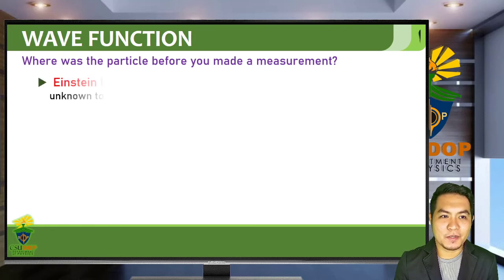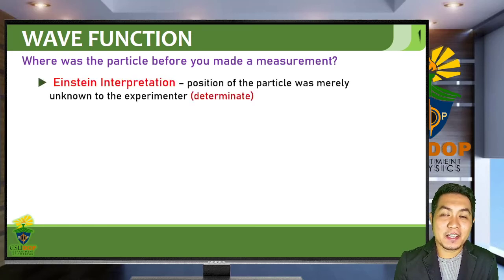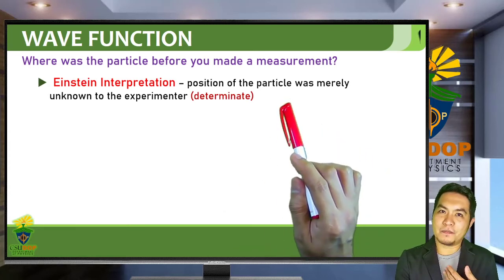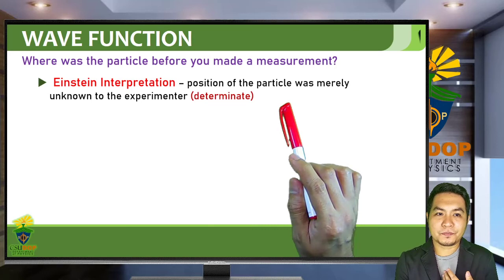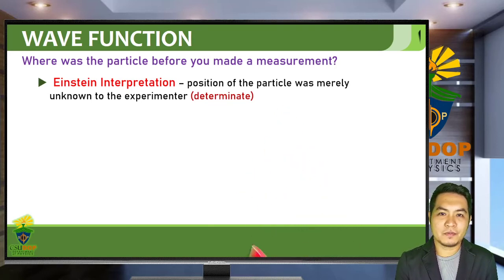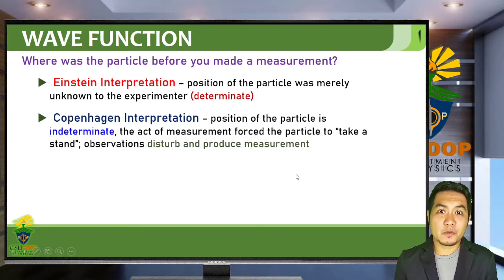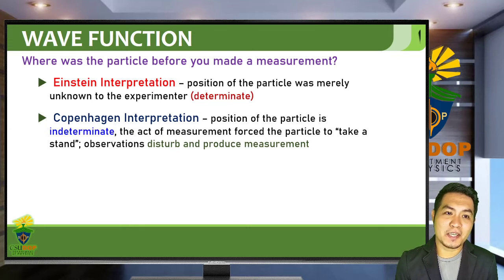There's the Einstein interpretation, which states that the position of the particle was merely unknown to the experimenter, but the particle's position is determined. Say, the particle is really there, but the experimenter, the one who measures the position, just doesn't know it yet. The second interpretation is the Copenhagen interpretation, which is also the quantum mechanics interpretation.